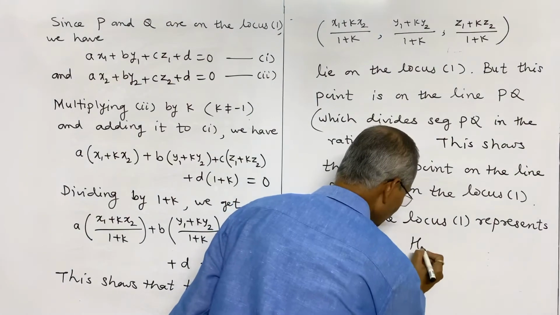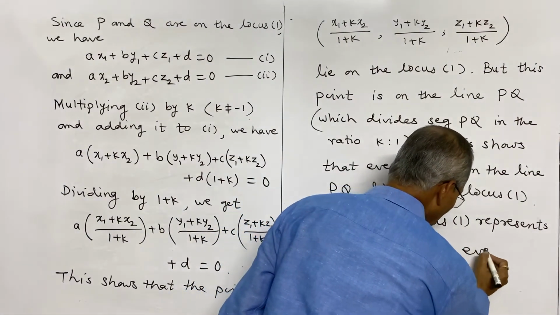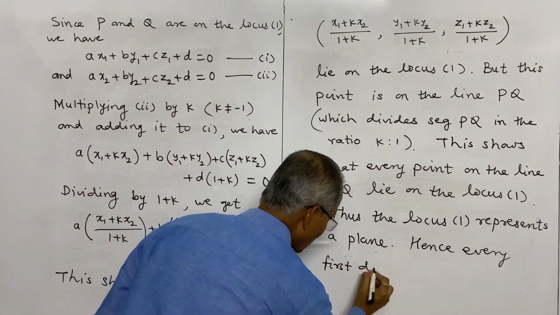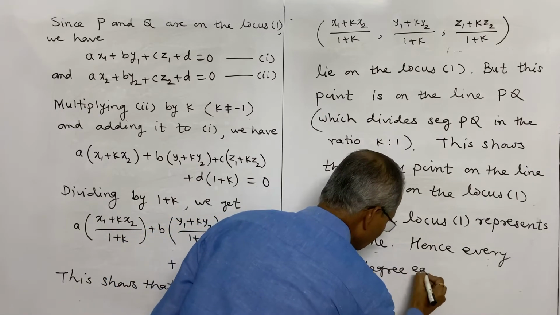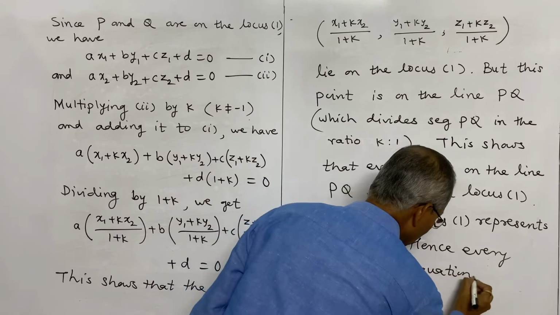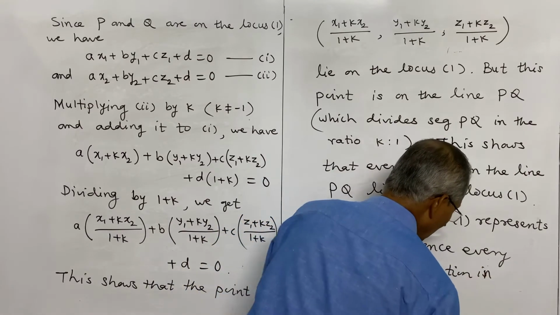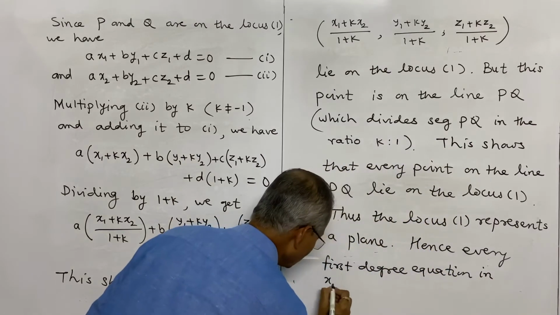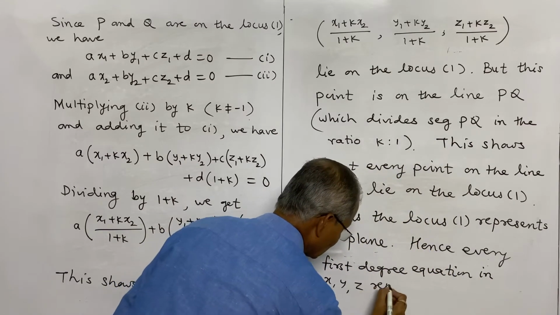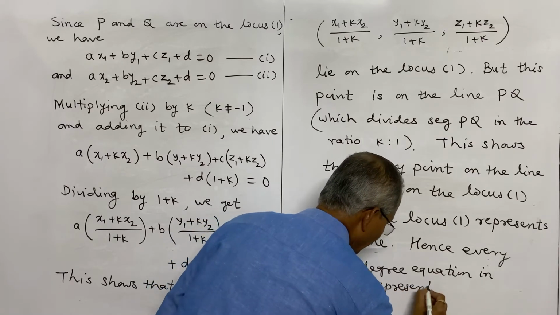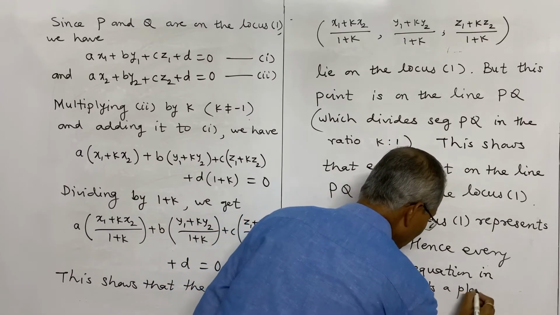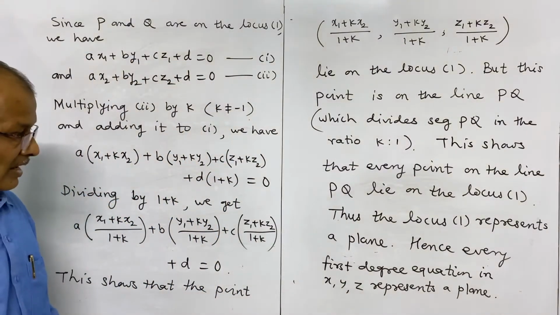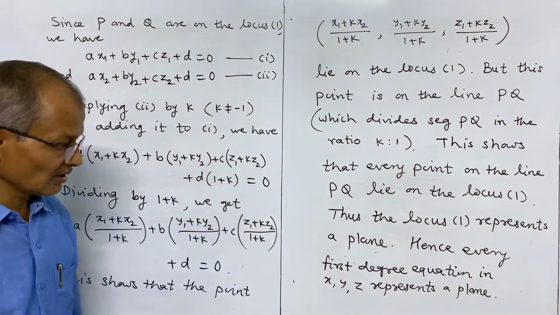Hence every first degree equation in xyz represents a plane, and this completes the proof. So thus we have proved the theorem that every first degree equation represents a plane.